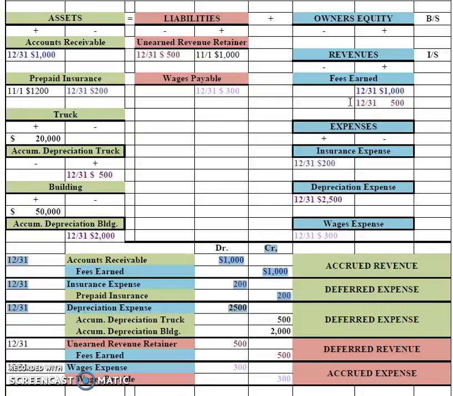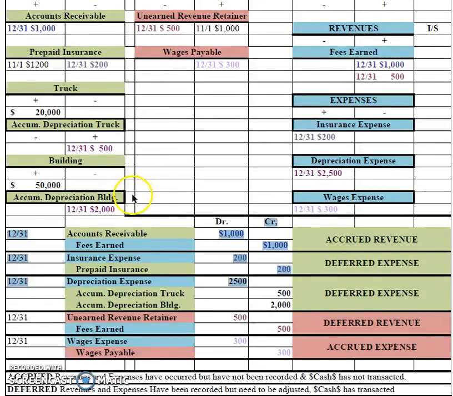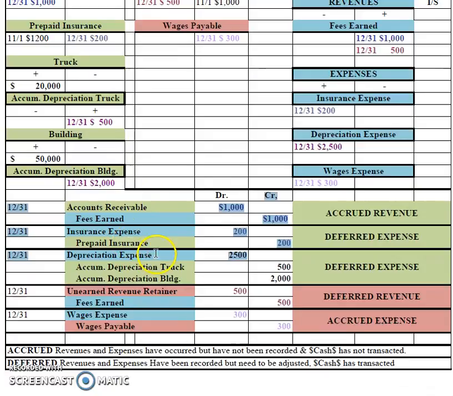Insurance expense. When we look at prepaid insurance, it's the same way. That's going to be a deferred expense. We have it down here where the insurance expense is recognized for $200. But prepaid insurance, again, that's a deferred expense. It's been on the books already.